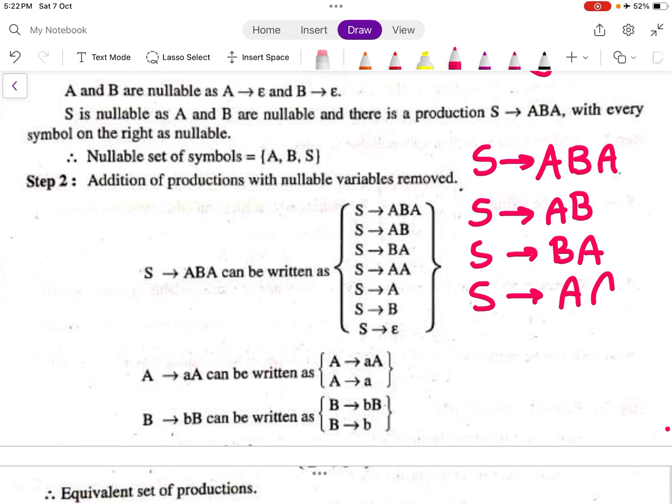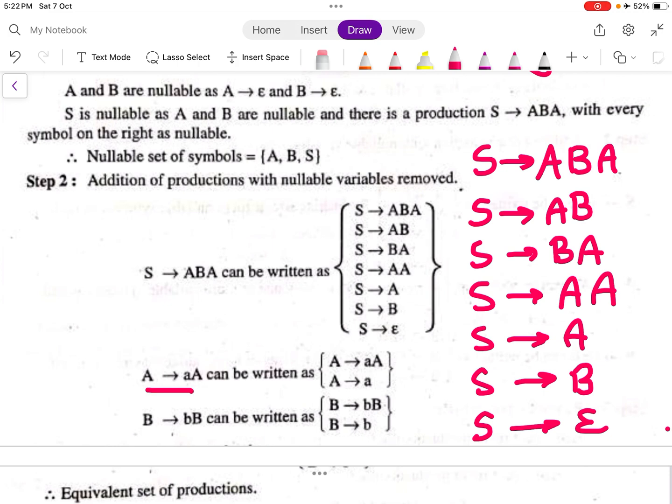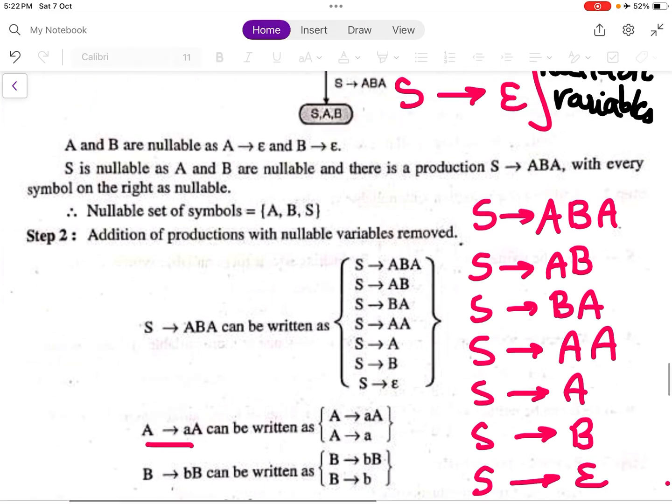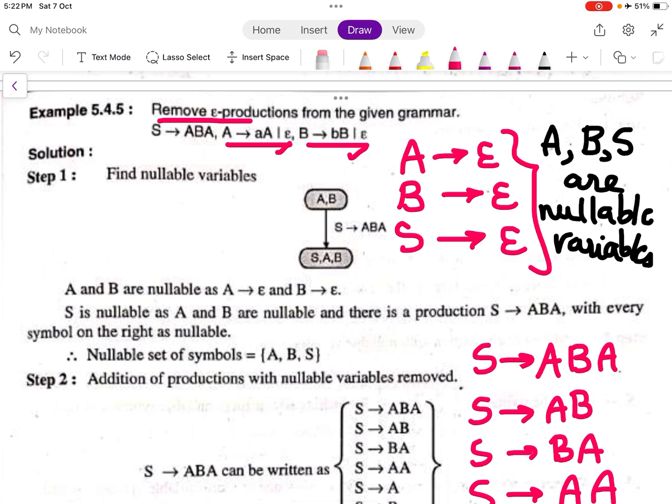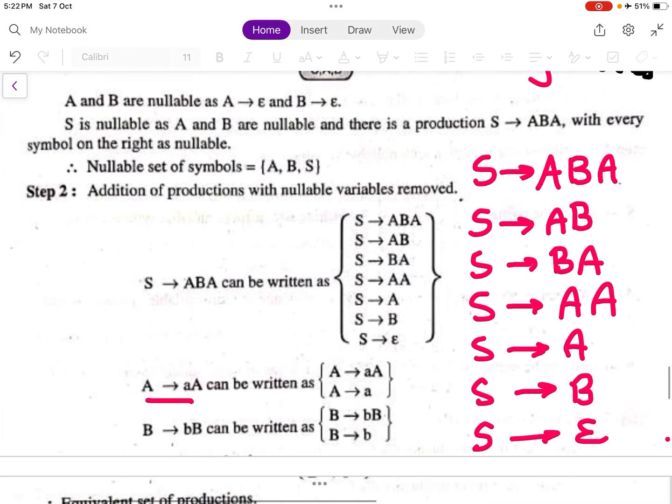S can be A, S can be a single A, S can be replaced with a single B, or S can be replaced with epsilon. A is small a and capital A, as we saw in the question.